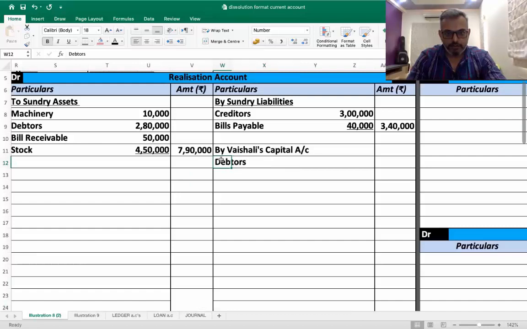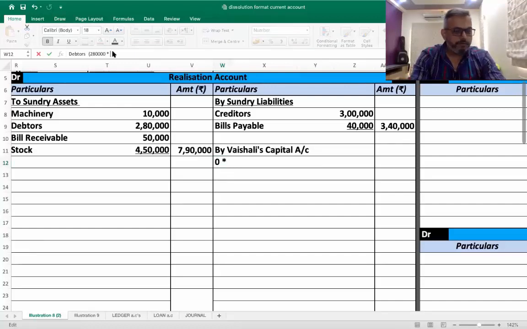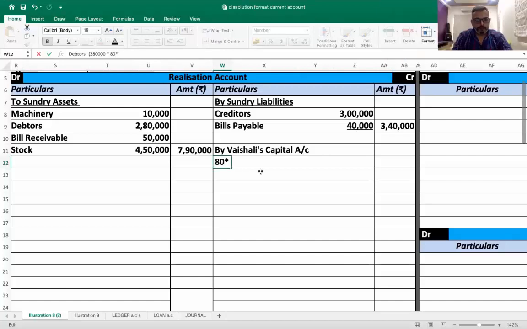I'll do a working over here. 2,80,000 into 80%, क्योंकि 20% का cost उसने डिडक्ट कर दिया, यानी उसने कहा कि 20% कम पैसा देके मैं ये असेट को टेक ओवर करूंगी.